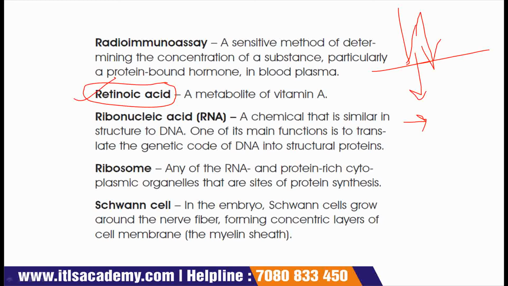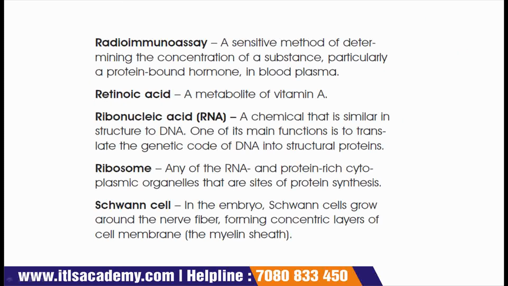But if the concentration is less than the threshold concentration, it will not form the desired thing that it is going to make. This retinoic acid is a metabolite of vitamin A.